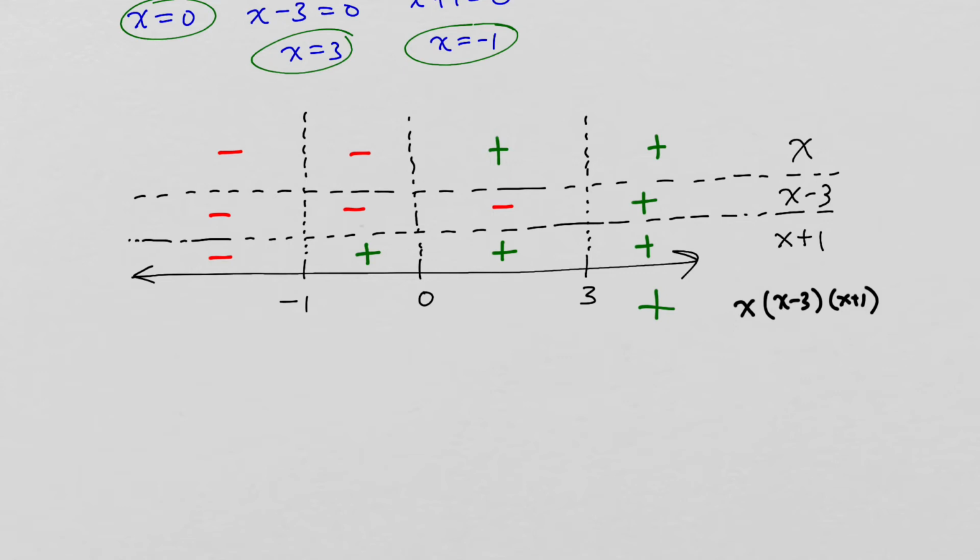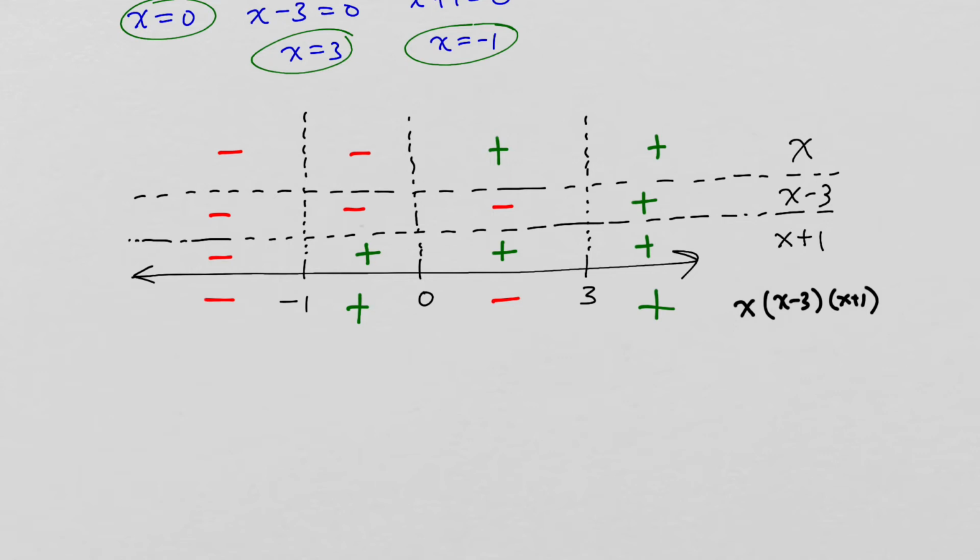But if you multiply a positive times a negative times a positive, that will give you a negative. Here, if you multiply a negative times a negative times a positive, this will be a positive. And finally, the product of a negative, a negative, and a negative gives you a negative.